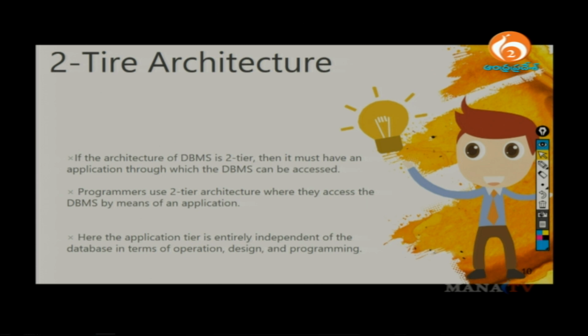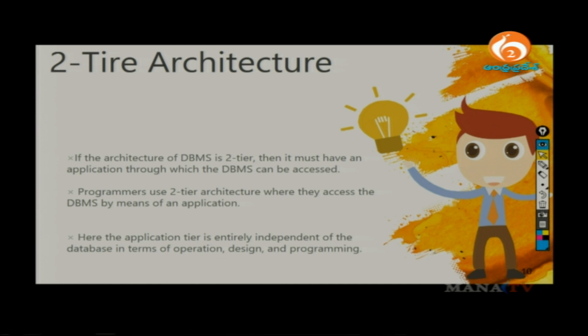The requirement is that there must be an application through which the DBMS has to be accessed, right? Programmers use two-tier architecture where they have to access the DBMS from another application. Here the application tier is entirely independent of the database in terms of operation, design and programming.